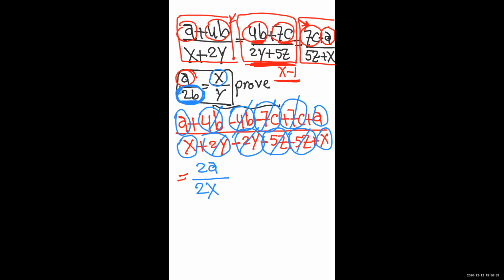To remove a and c, here there is 7c, and here also 7c, and on the first one a, and on the last one a.